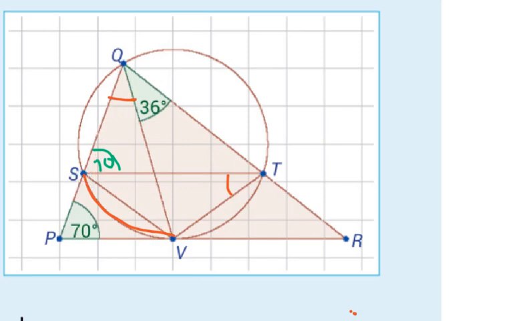What other arc do I have? Here's another arc. I know that this angle is the same as this angle. So there's 36. That angle there is 36 because they're standing on the same arc. Any other angles 36?